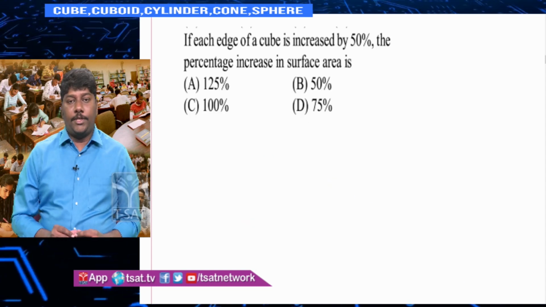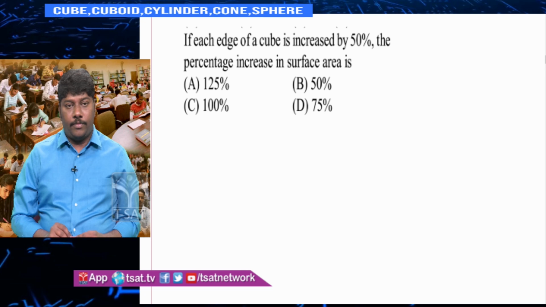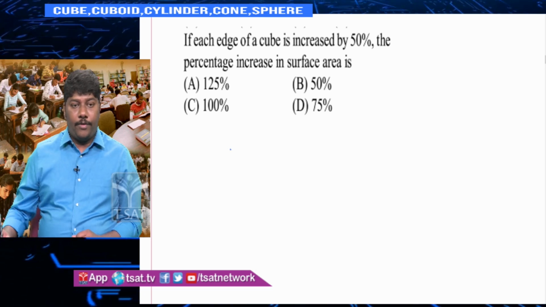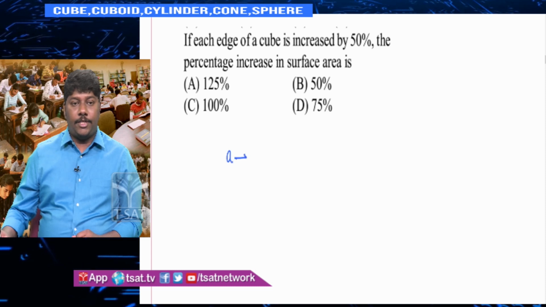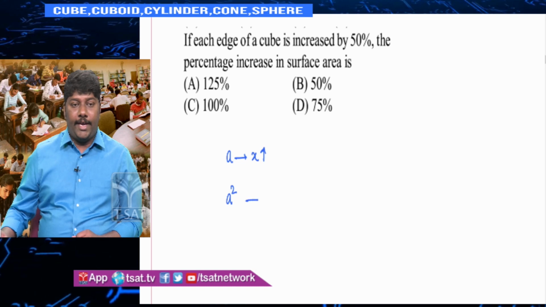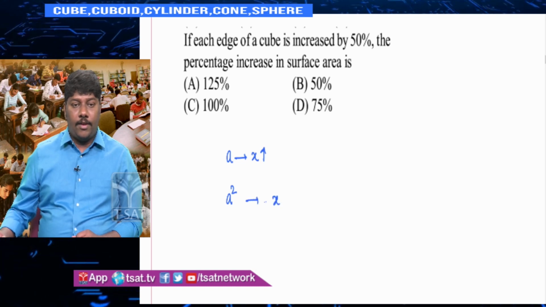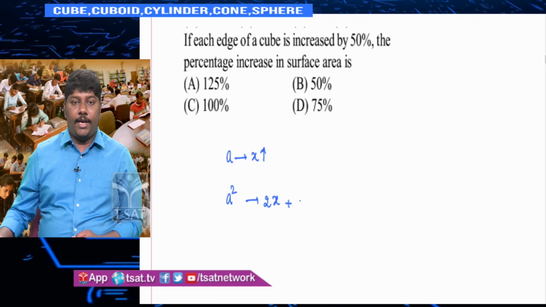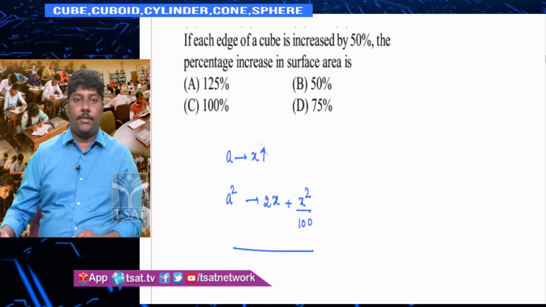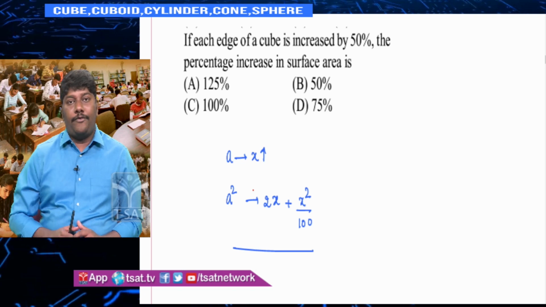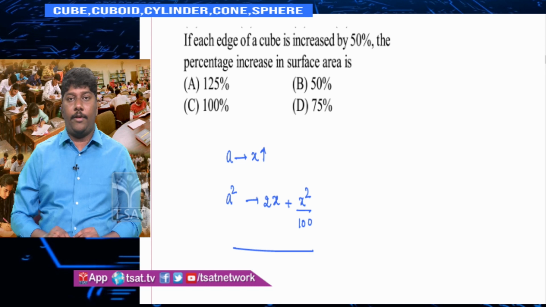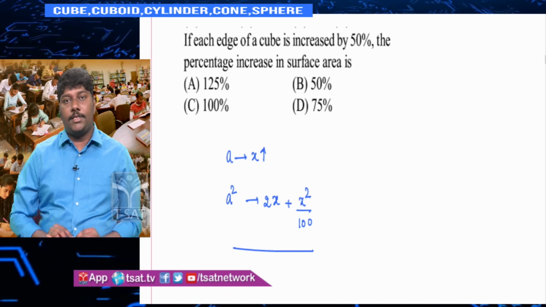If edge of the cube is increased by 50%, then the percentage increase in the surface area. If edge A is increased by x%, area means a square. A square is increased by 2x plus x square by 100. I am giving you the direct formula. I told you in the basics, now I am giving it as a direct formula. If suppose it decreases by x percentage, the answer is 2x minus x square by 100 would be decrease in the surface area.